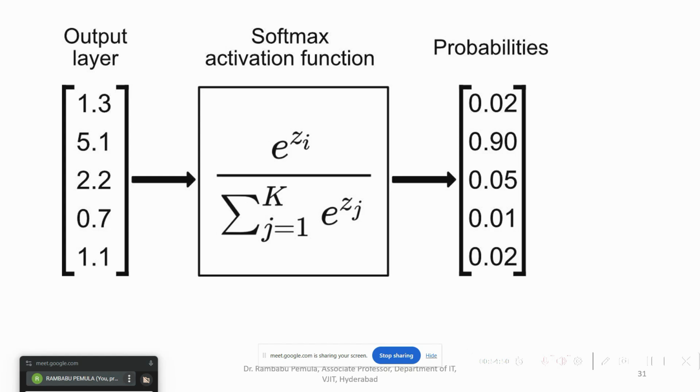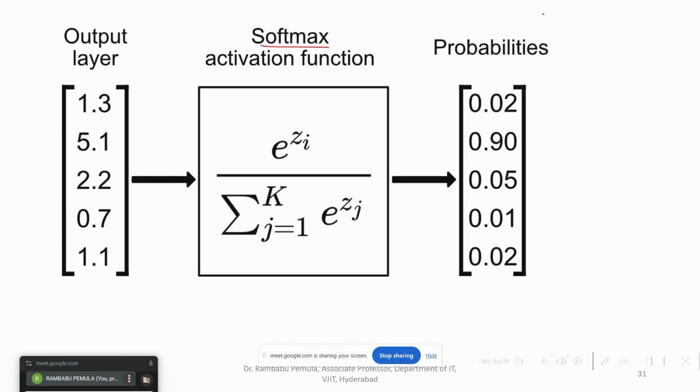Now in the output layer, for example, if the output contains a multi-class classification problem, at that time we don't know which is your output. At that time we are going to use Softmax as the activation function in the output layer.